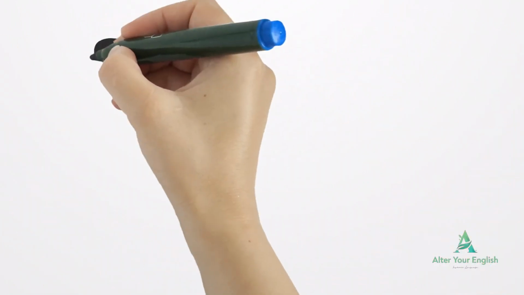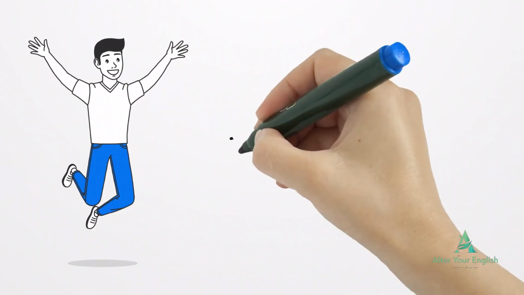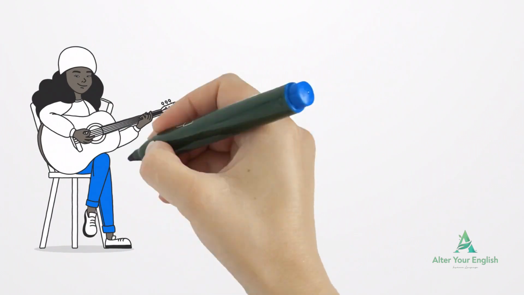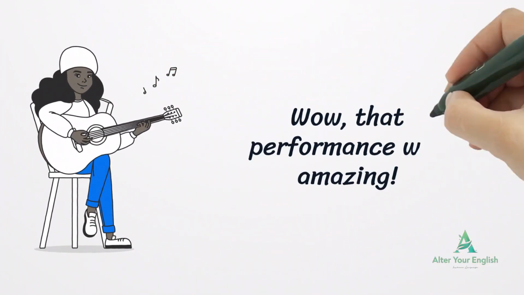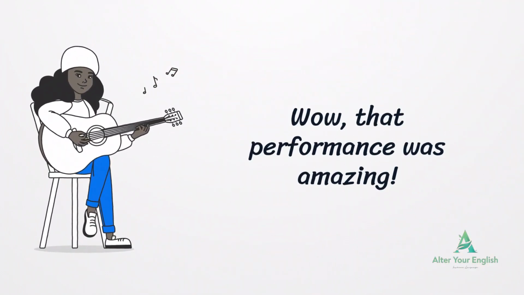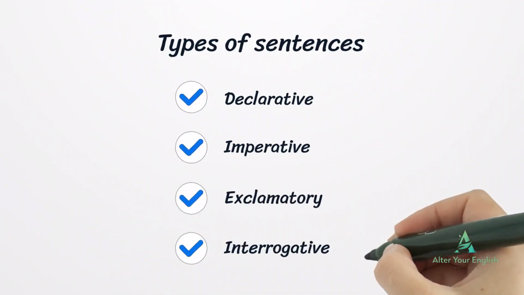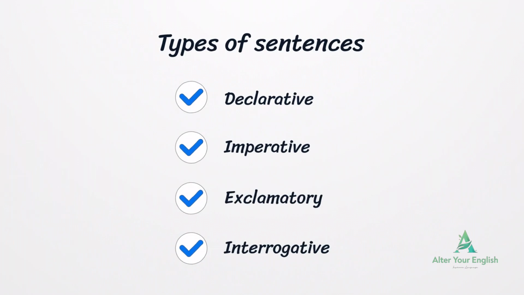For example, I can't believe I won the lottery. Wow, that performance was amazing. To summarize what we have just learned, there are 4 different types of sentences in the English language: declarative, imperative, exclamatory, and interrogative.